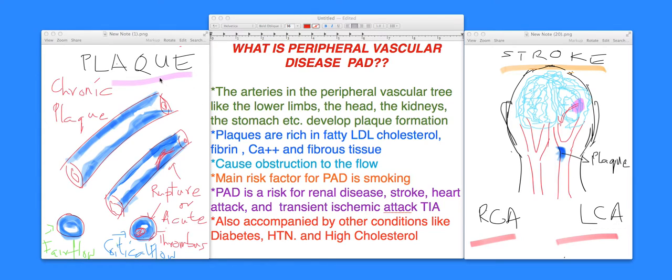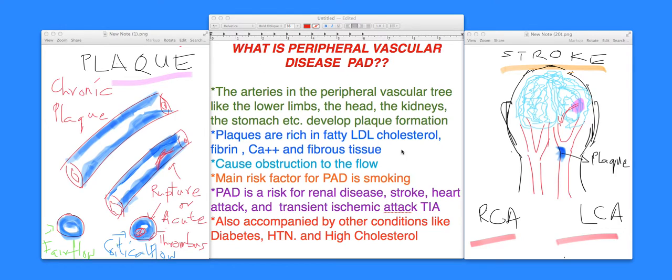But plaques in general are chronic plaques, and peripheral vascular disease is a huge entity that should be examined, because atherosclerosis is not sparing any arterial group. We know it's a systemic disease, and when the atherosclerosis or the plaque formation begins, it not necessarily is only implying the head or the heart, but it also implies the arteries elsewhere throughout the body.